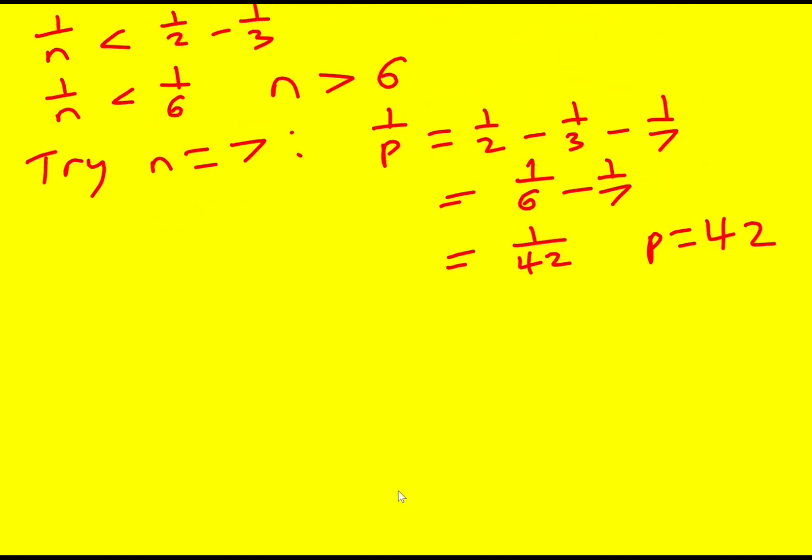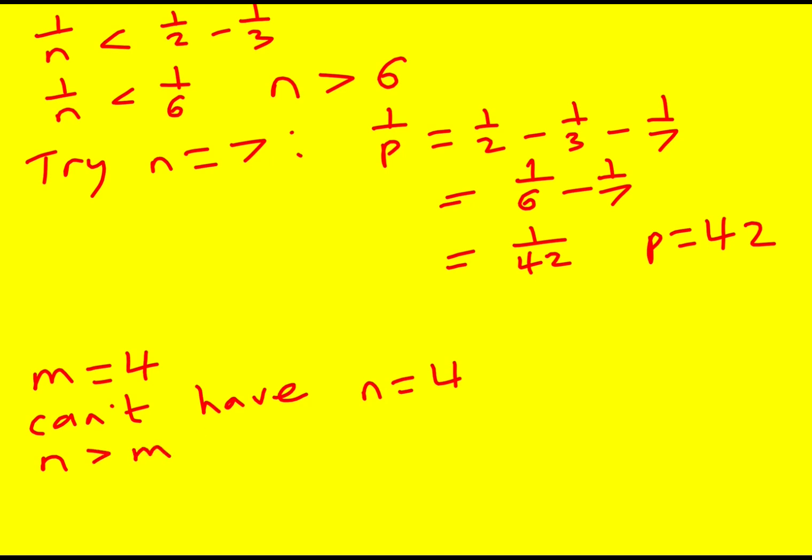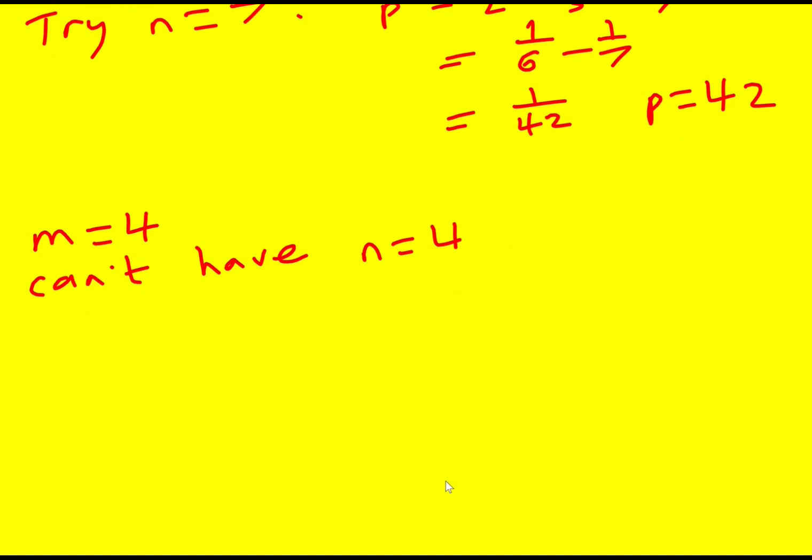So now we just need to check that we can't do any better. So if m equals 4, we can't have n equal to 4 because that would give a half. So we've got that n is going to be greater than m. I'm actually quoting the solutions right now because they do explain it in quite a nice way. So we've looked at m equals 3. When m equals 4, we can't have n equals 4.